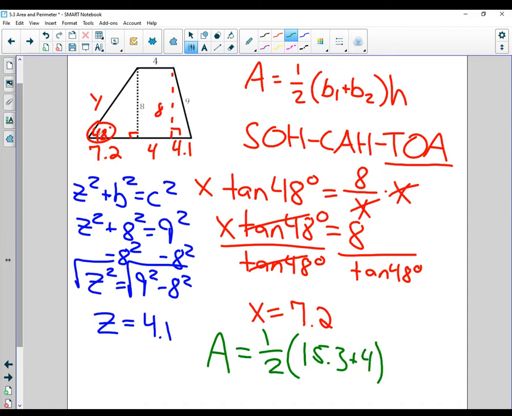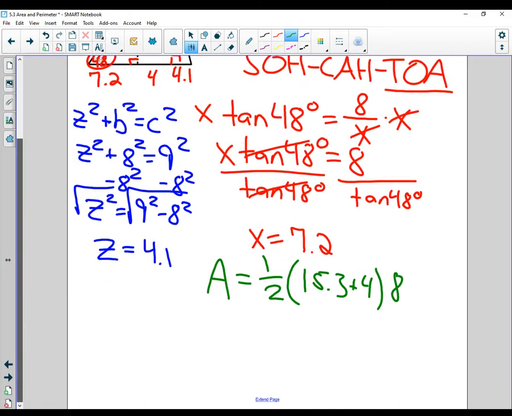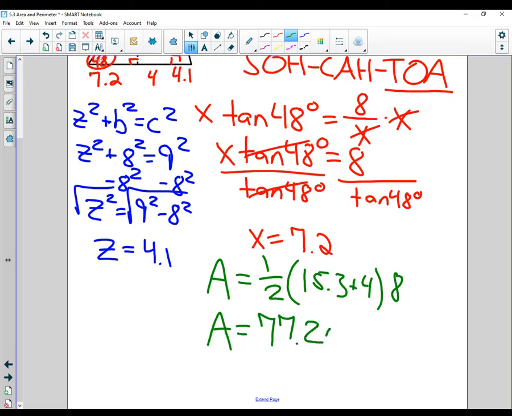And then multiply that all by the height, h, 8. Throwing that into our calculator, I get 77.2. And since it's an area, we could say units squared.